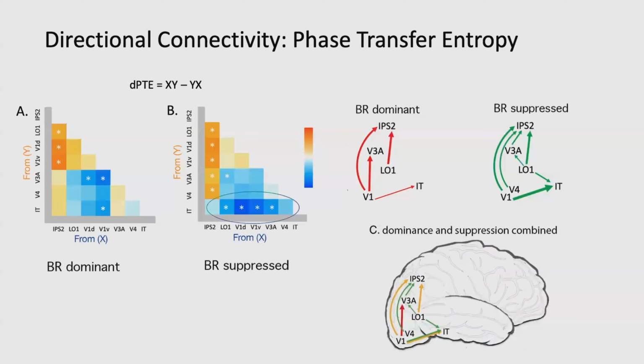So this is not a functional connectivity that I think would represent rivalry in a more natural setting. But it was still very interesting to see that we could have a different signature of connectivity for the dominant percepts compared to the suppressed percepts. That's a pretty new topic in the literature.